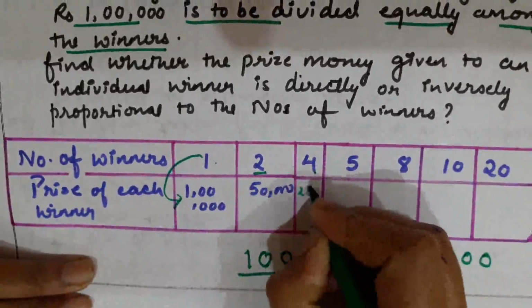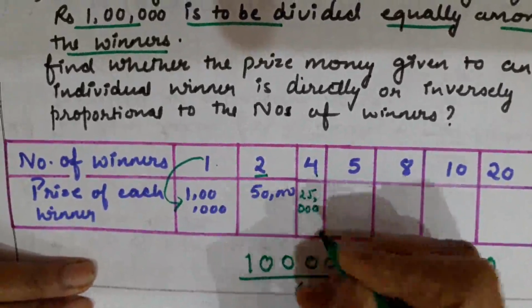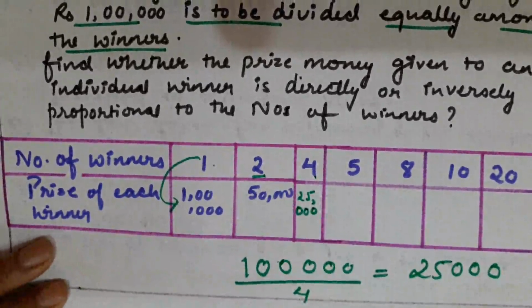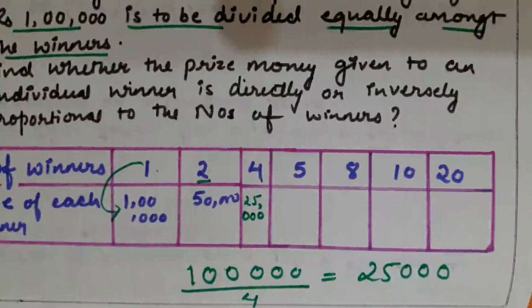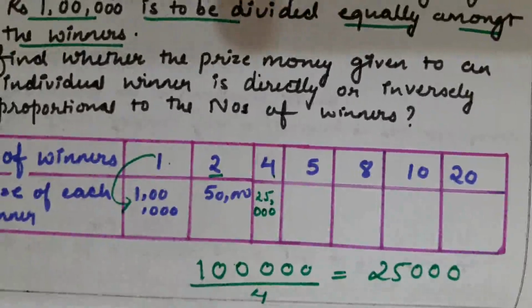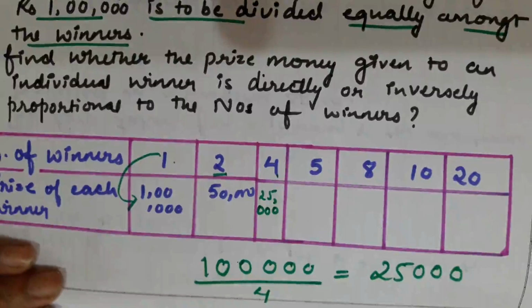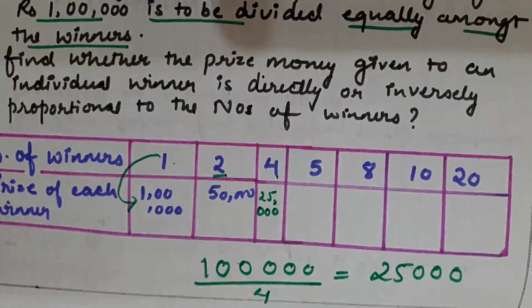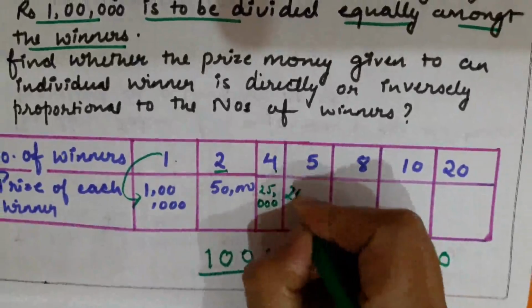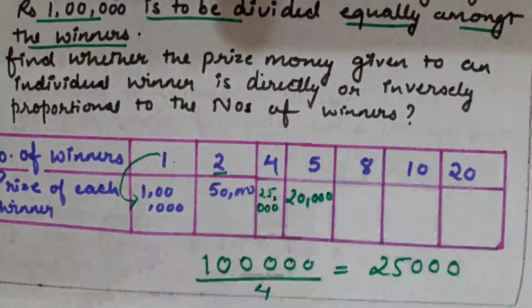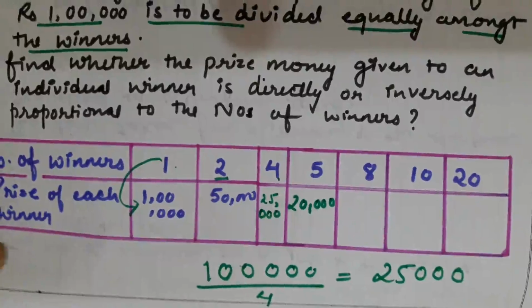So if 4 winners are there, 25,000 is given to each winner. Then next, if 5 winners are there, it means that 1 lakh rupees is distributed among the 5. It means 20,000 is given to each winner.